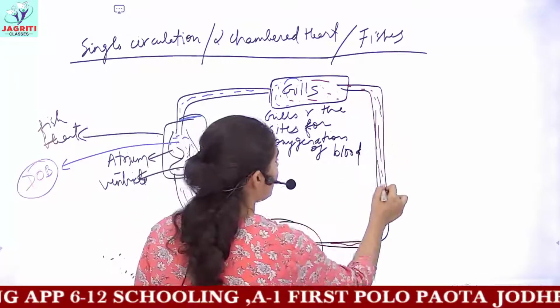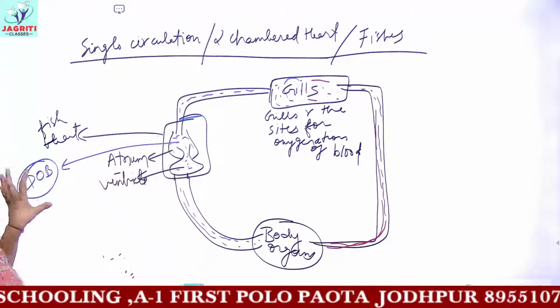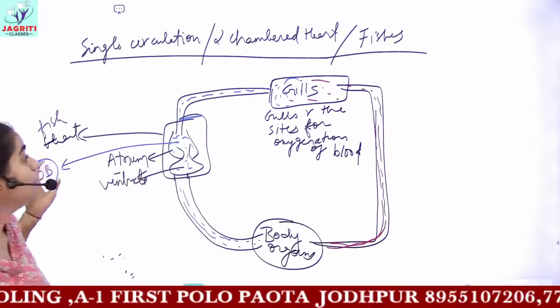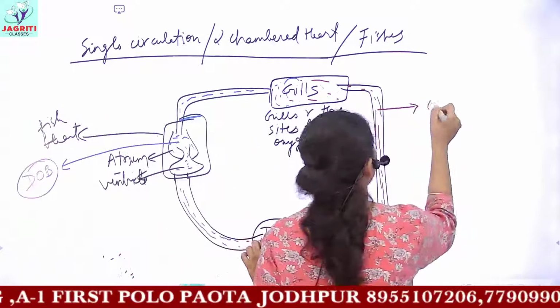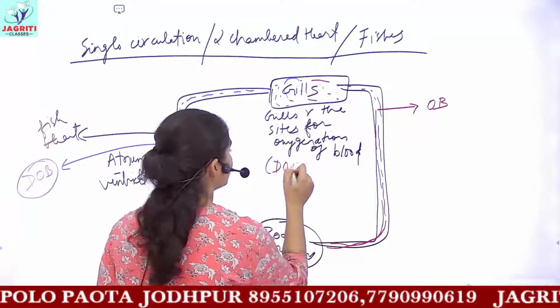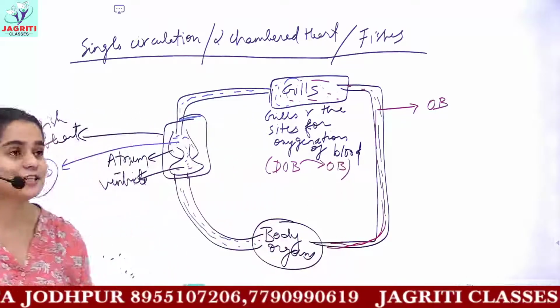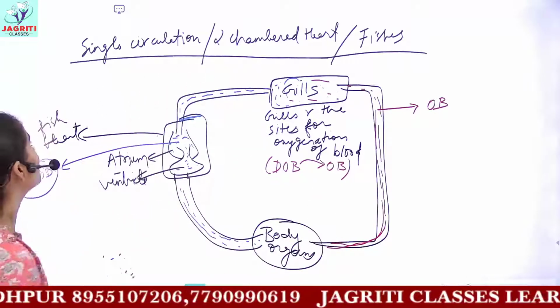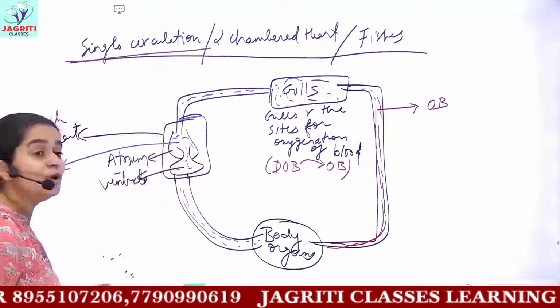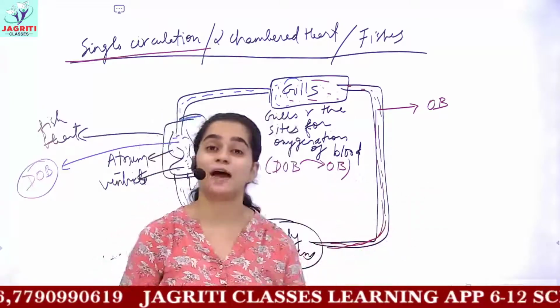Here the blue marker shows the deoxygenated blood, and this is your oxygenated blood. Gills are the sites where deoxygenated blood gets converted into oxygenated blood. Hence this diagram represents single circulation, which is present in fishes.